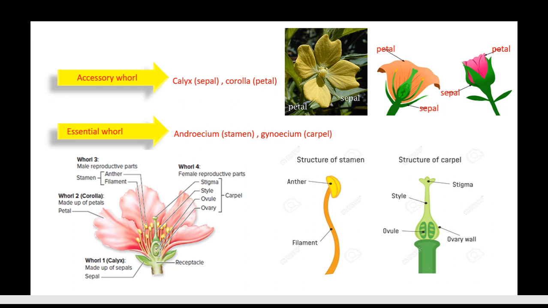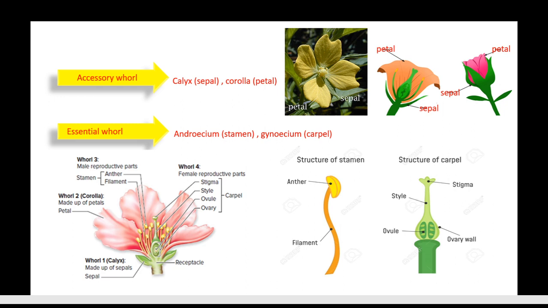And if both whorls, meaning calyx and corolla, are present, then it is called a diclamydeous flower. So these two form the accessory whorls in the flower.